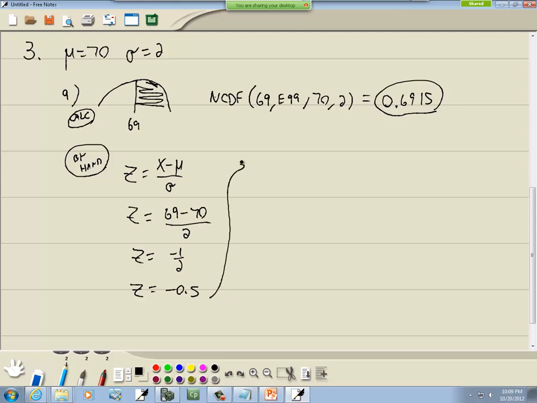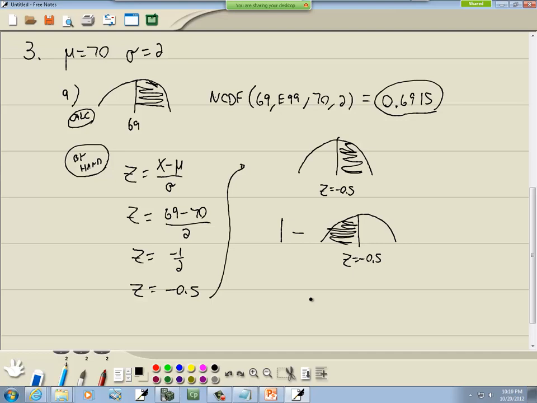So our picture now looks like this. We've got z is equal to negative 0.5, shaded to the right. Well, our table on the back of the book only works for the area to the left. So we have to do 1 minus the area to the left of z equal to negative 0.5. Because if we subtract off the area to the left, that'll leave us the area to the right.